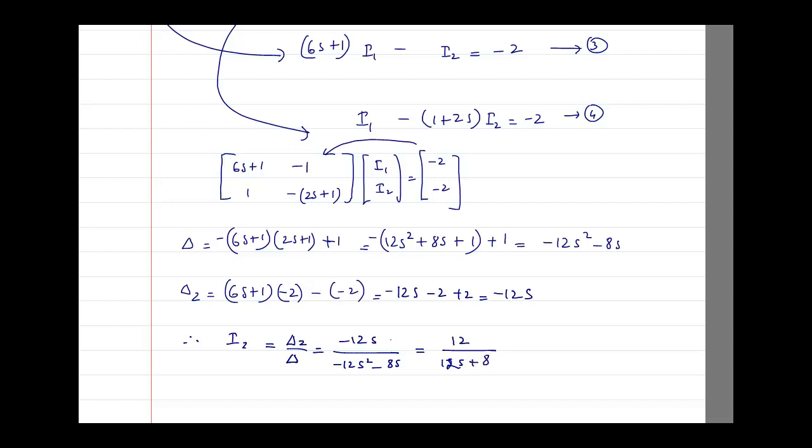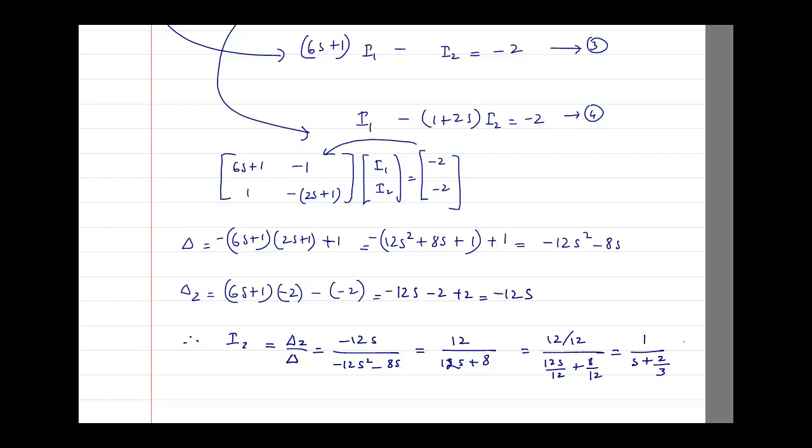What I have done, I have taken s common in the denominator and cancelled it with the numerator one. And now I can divide the numerator and denominator both by 12. So 12 divided by 12s plus 8 by 12. So I will get 1 divided by s plus 8 by 12. Both of them will go by 4, so this becomes 2 and this is 4 3s are 12.